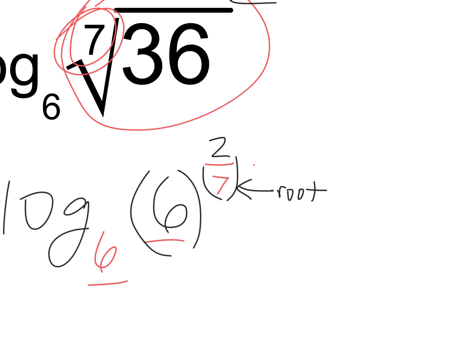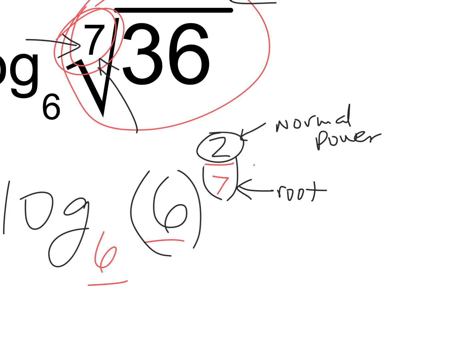That's the root part, because see, there's the root up there. And this part is the normal power. So that's like 6, and you square it, makes 36, and then you weird root it. And now that I'm done with that, the answer is 2/7, because it's the power.